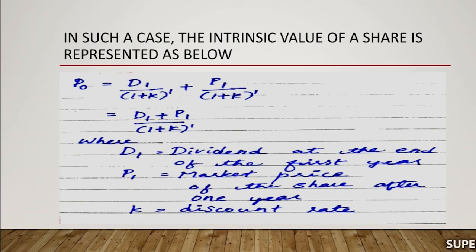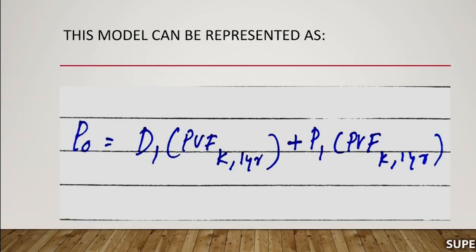Here the holding period is only 1 year. That's why we are using the dividend at the end of the first year and the selling price at the end of the first year. This equation can be rewritten as P0 is equal to D1 into present value factor (K rate, first year) plus P1 into present value factor (K rate, first year).